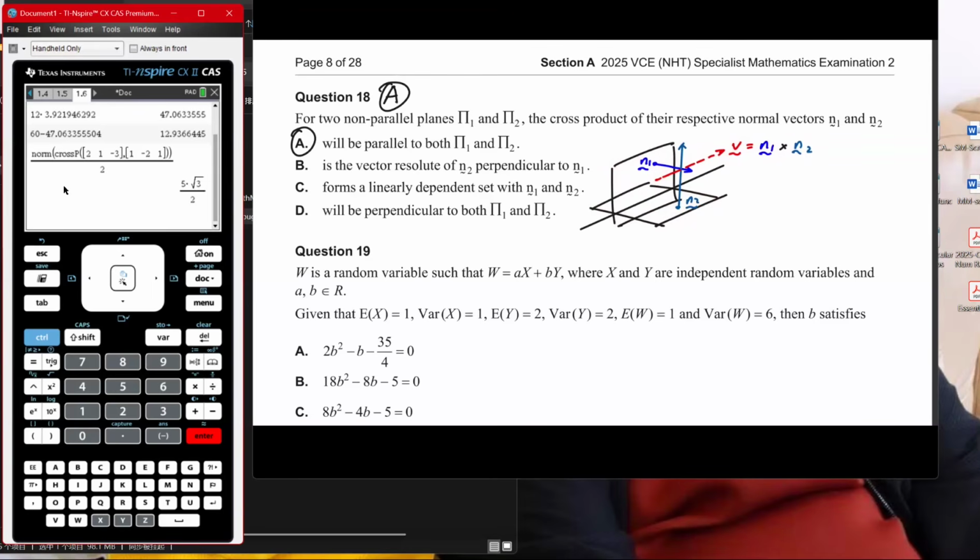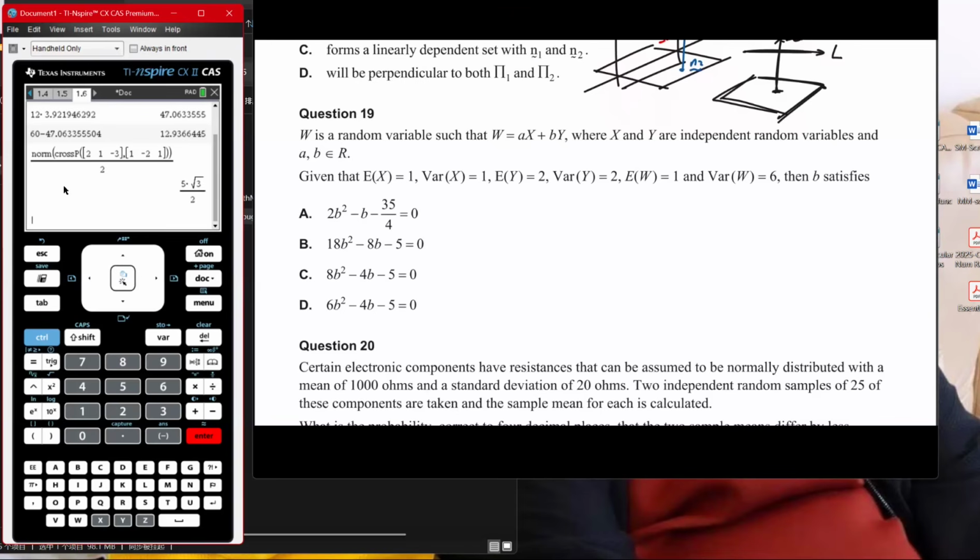Alternatively, if you look at them individually, a line perpendicular to the normal of a plane is parallel to the plane. The same idea: this line is parallel to both pi 1 and pi 2.